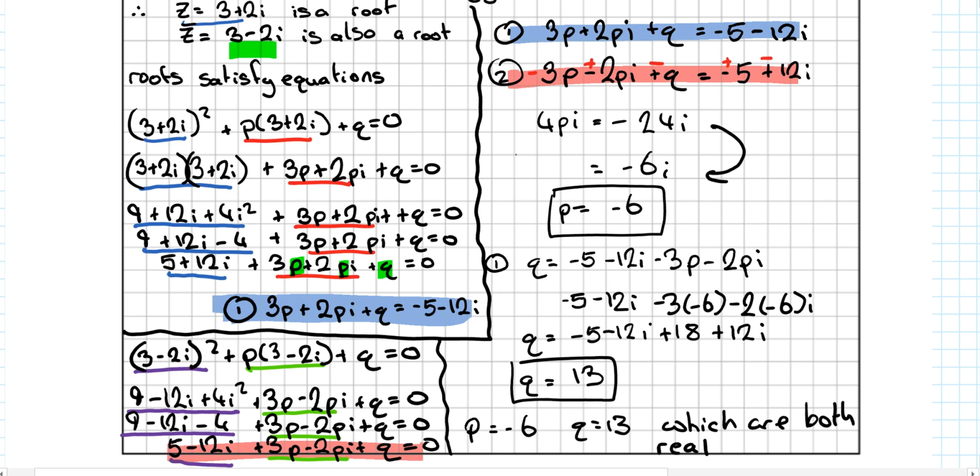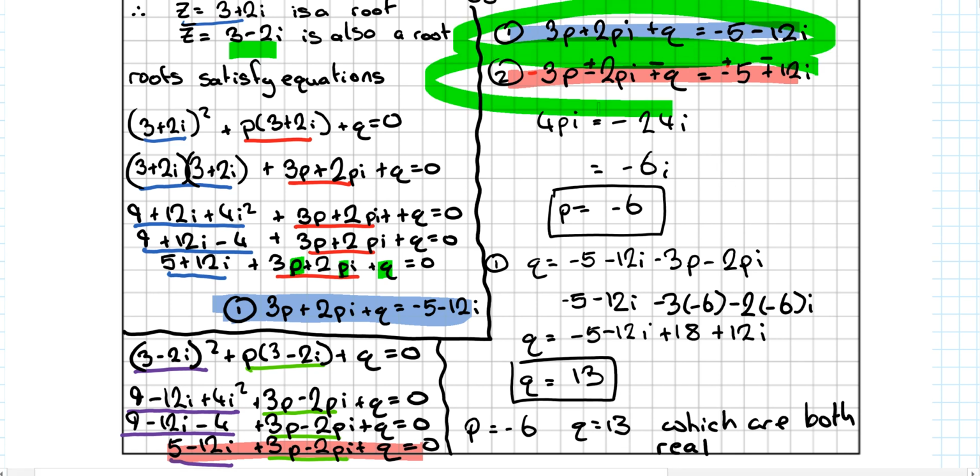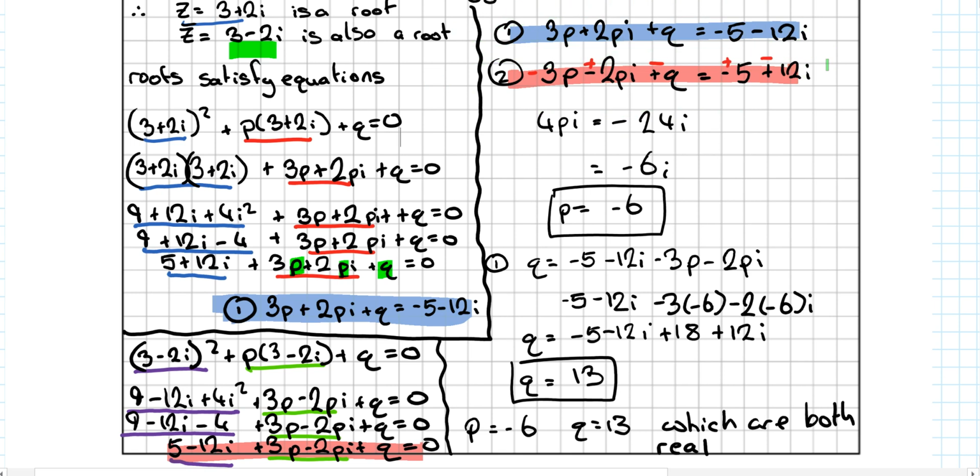Brilliant. If I know what p is, I can come back to either equation 1 or equation 2. It doesn't matter which one I come back to, and isolate q. So you can see, which one did I use? I used equation 1, and while I was rewriting this, I subtracted minus 3p minus 2pi from both sides.